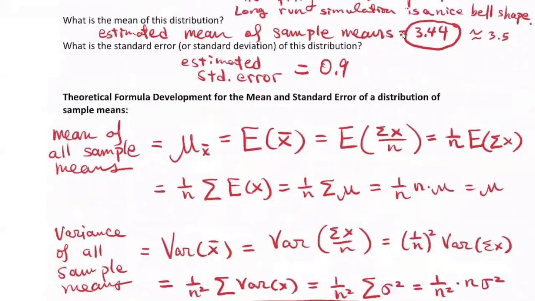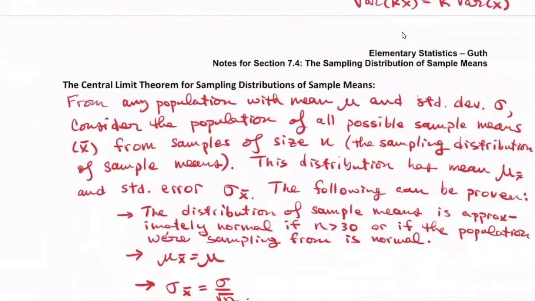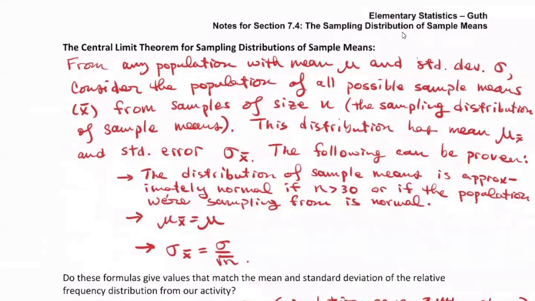So let me see if I can find the central limit theorem. Here it is. This is for means. Basically, a distribution of sample means right here is approximately normal if your sample size is bigger than 30. And it's okay if it's not bigger than 30, but then you'll have to kind of investigate the population that you're sampling from. That has to be normal if the sample means are going to be normal and your sample size is not bigger than 30.